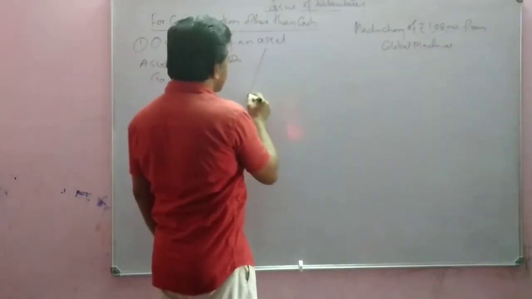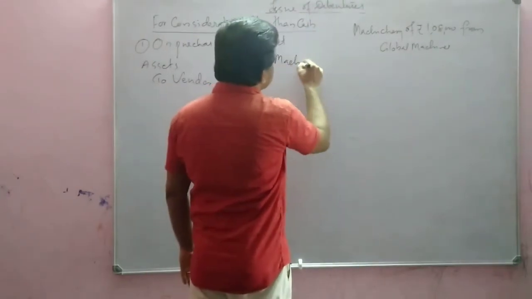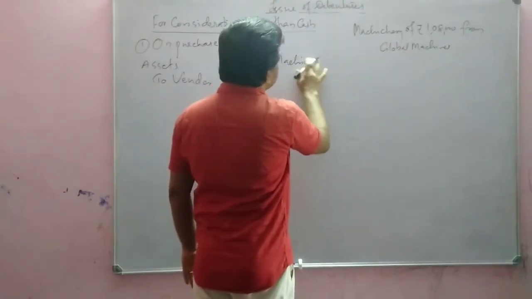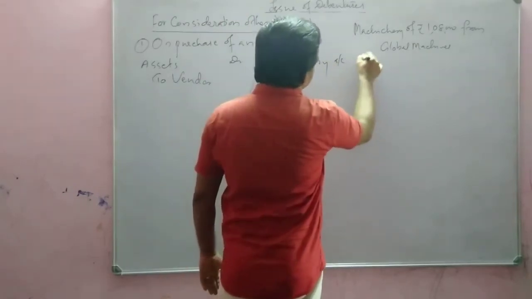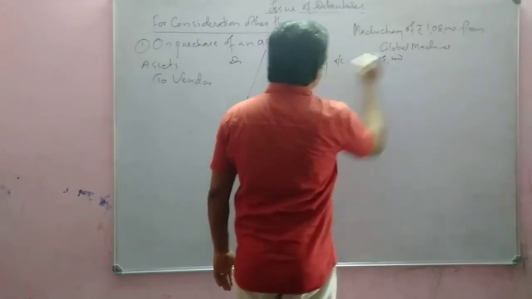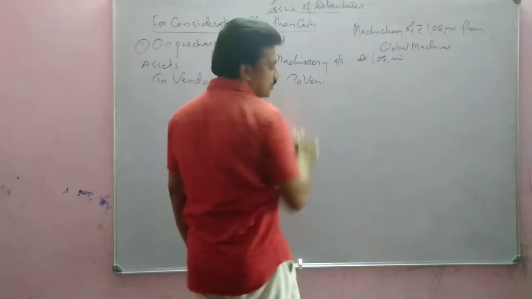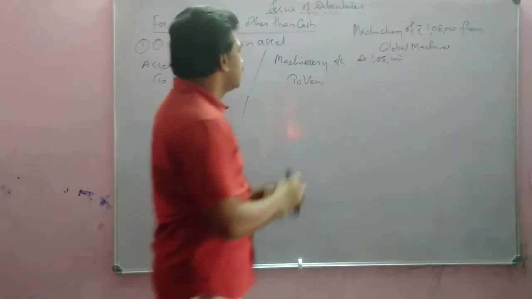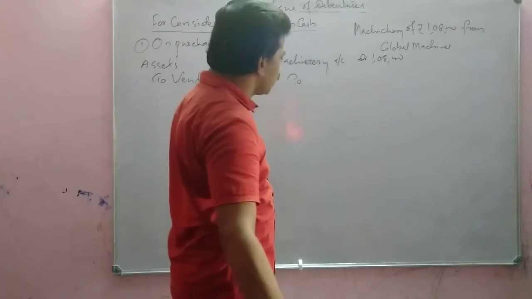As per this example, we can write machinery account debtor, 1,08,000, to vendor. Who is the vendor? The vendor is Global Machines.